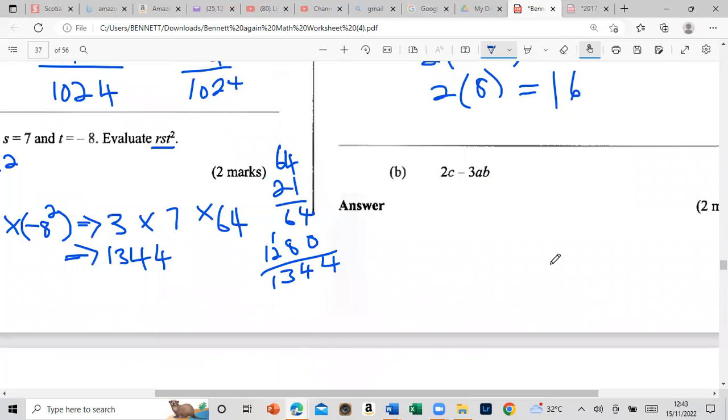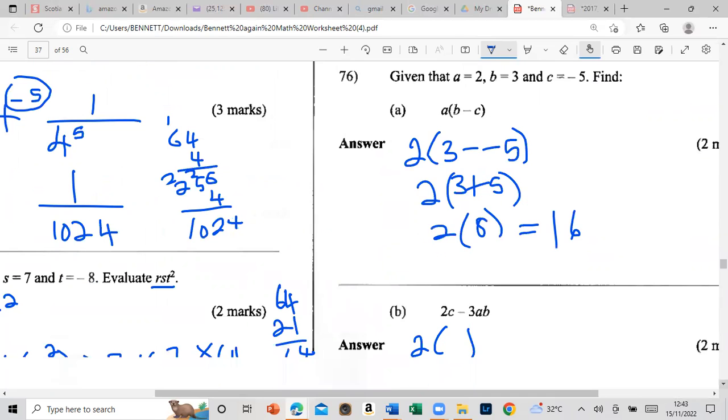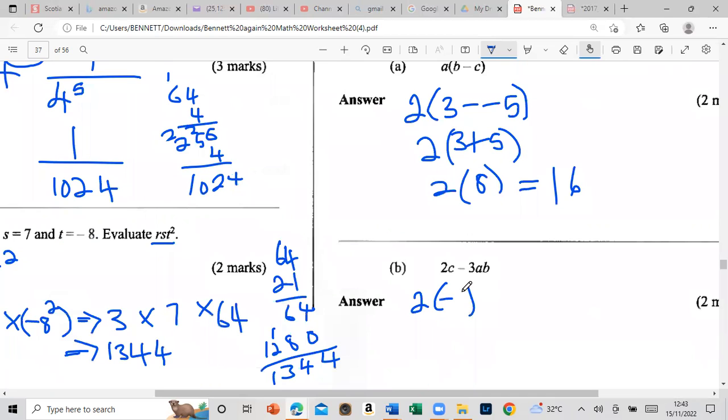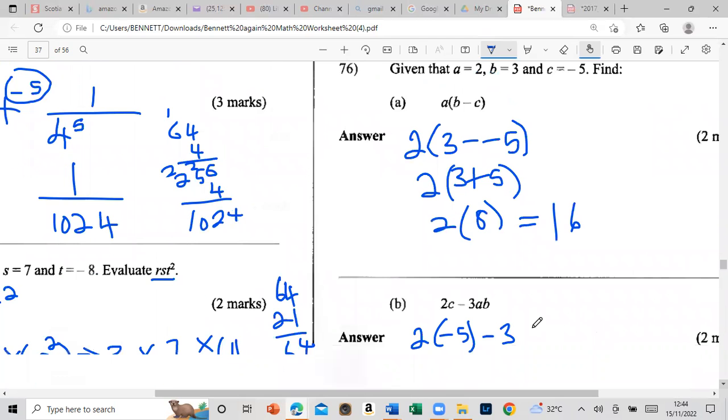So we have 2c minus... it's the same value. We're going to use the same values. Let's see what c was again. c was negative 5, here 2 and b. c was negative 5 minus, I'll go up again here. Here a is 2, here b is 3.